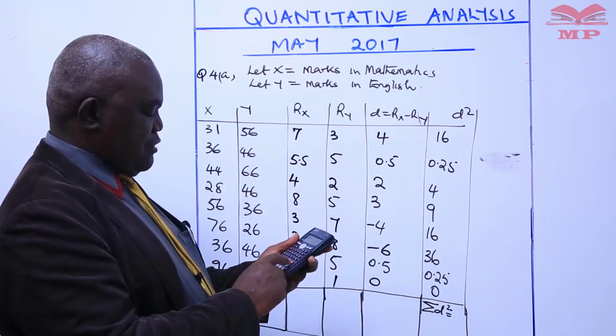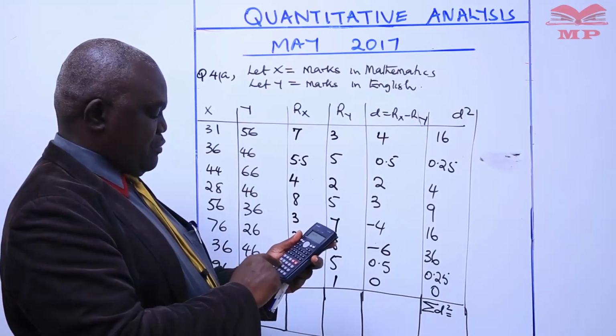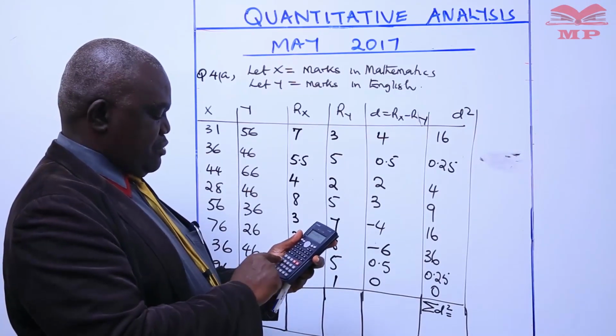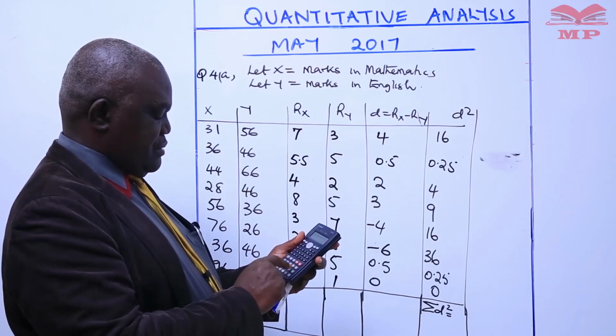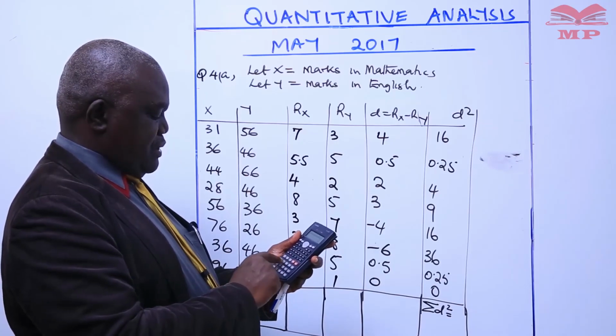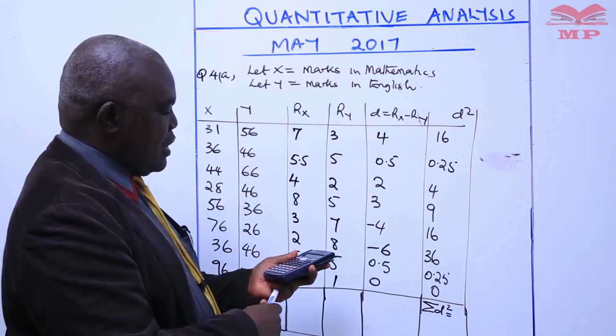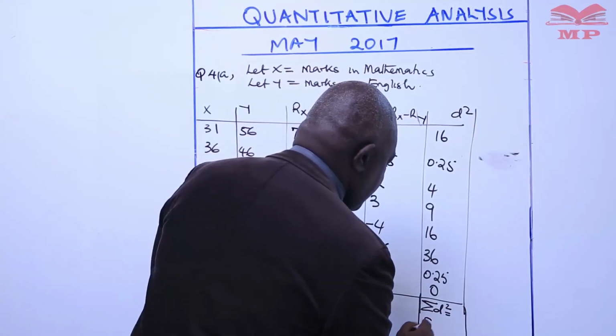That is 16 plus 0.25 plus 4 plus 9 plus 16 plus 36 plus 0.25, which gives 81.5.